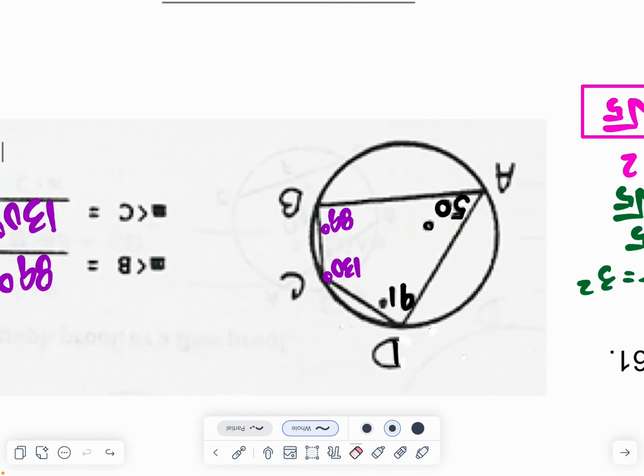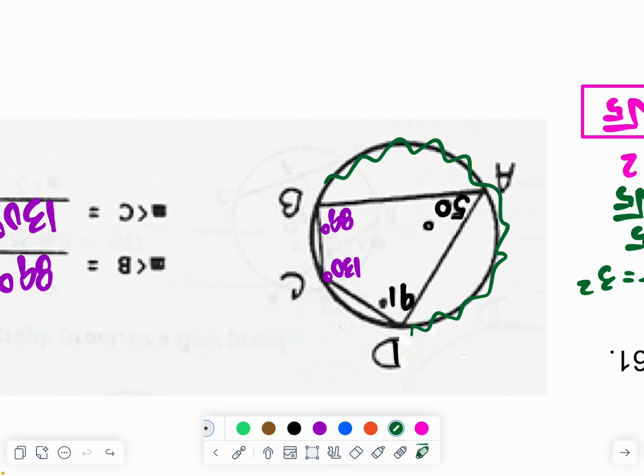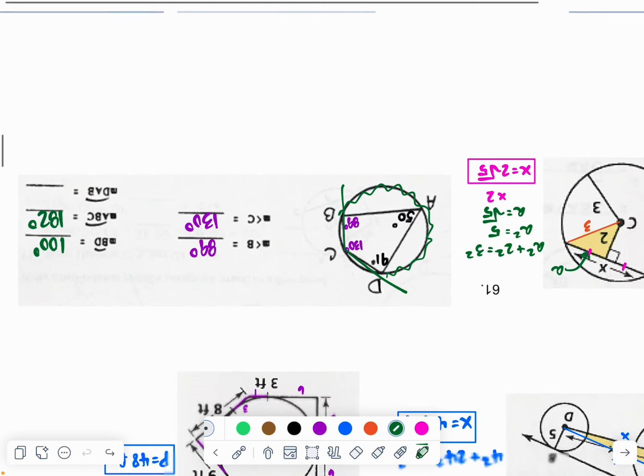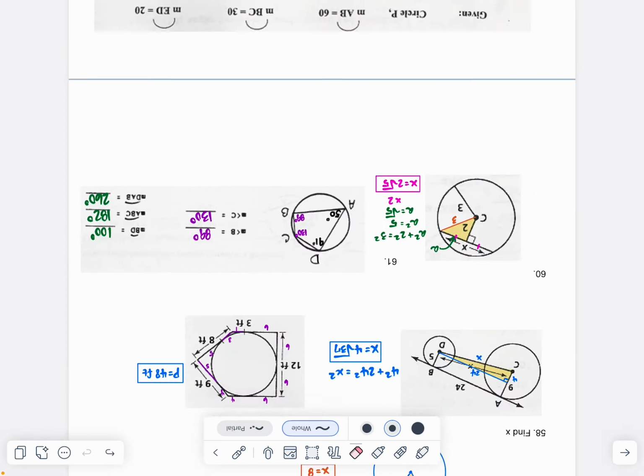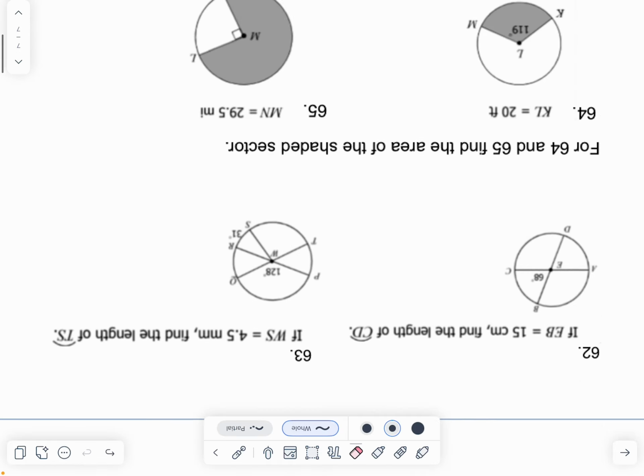Then DAB, D to A to B, is being intercepted by the 130-degree angle. So that arc's going to be 260. Okay, voila.